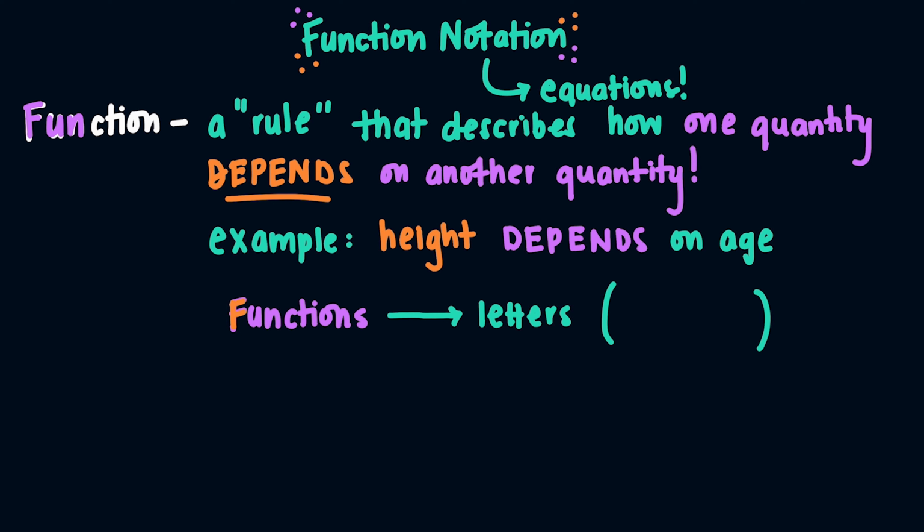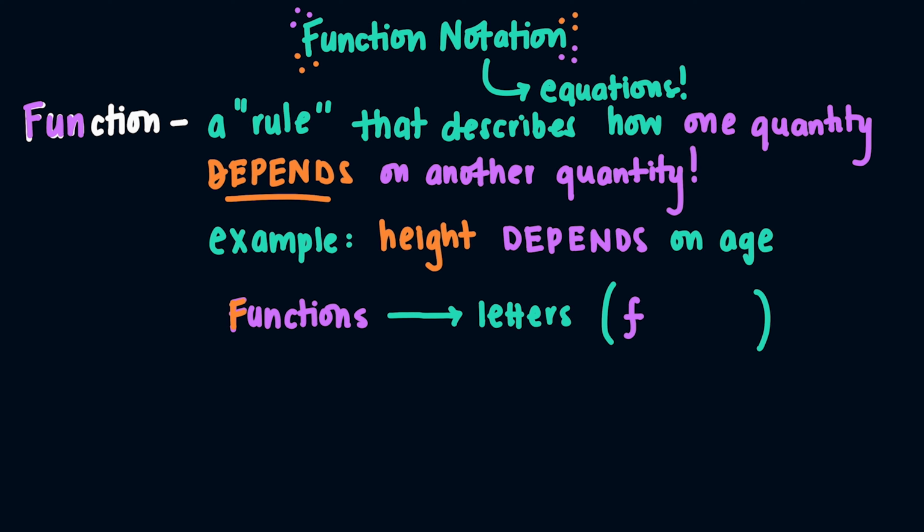If you guessed F, you are absolutely correct. How unique is that? But that makes it easy, right? So the number one letter that you will see for a function is the F letter. Normally it's written in this cute little F, but you could draw a regular F as well.